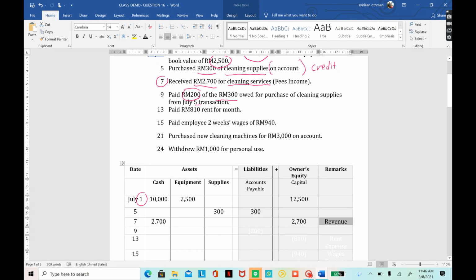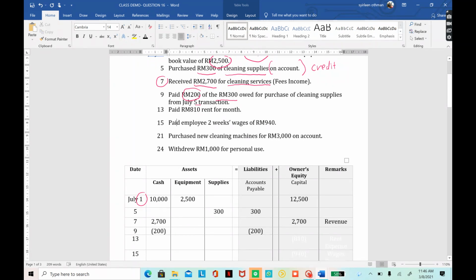So he paid 200 ringgit, so we will deduct 200 ringgit from the cash column, and since you've paid 200 ringgit of debts, we will also minus 200 ringgit from your accounts payable. So that leaves us with a balance of 100 ringgit worth of debts.